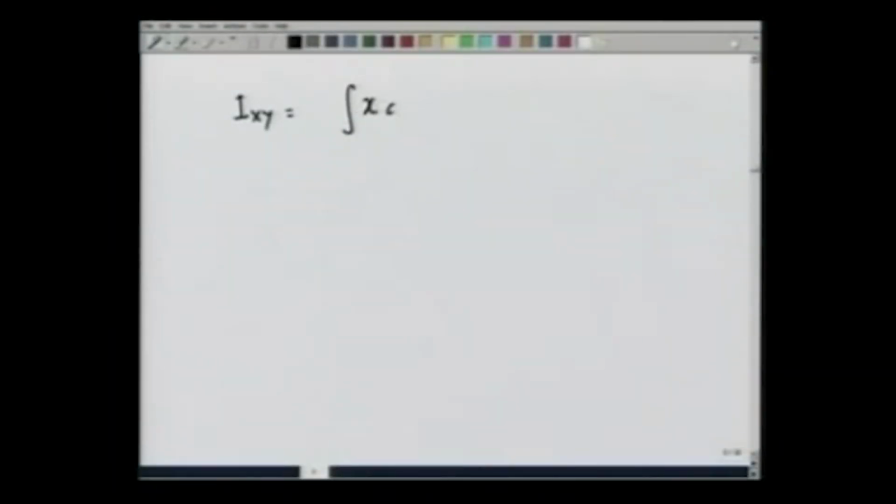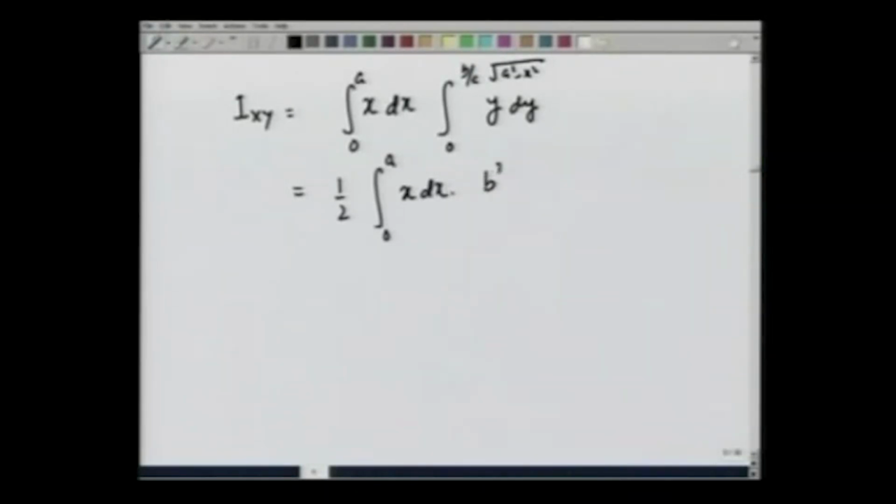Therefore, Ixy for this is going to be the integral of x dx from 0 to a, integral from 0 to b over a square root of a squared minus x squared of y dy, which is nothing but 1/2 integral from 0 to a of x dx times b squared over a squared times a squared minus x squared. This is a standard integral, so this gives me the answer a squared b squared divided by 8.